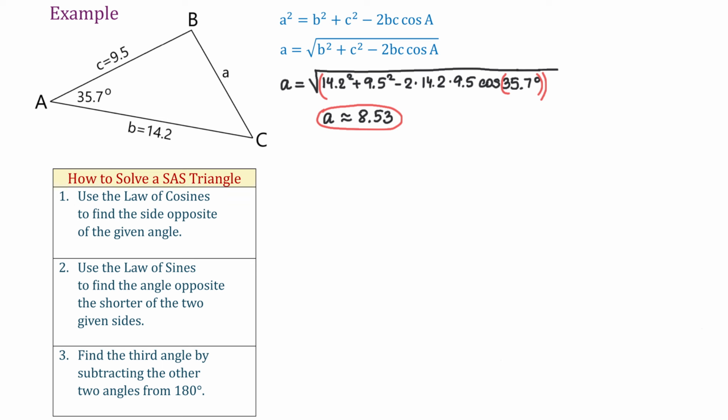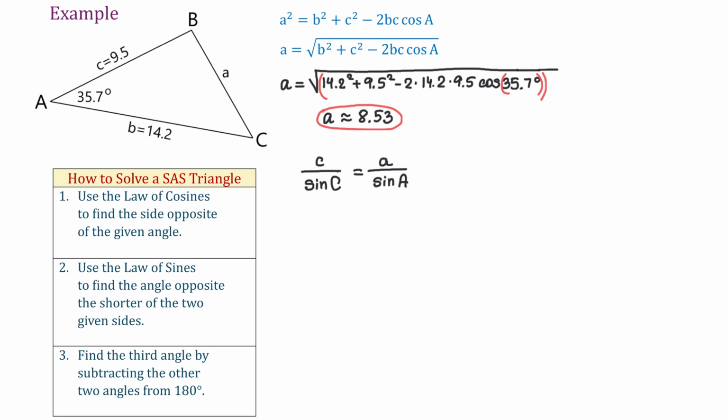For this, we will form a proportion, and because we need angle C, one ratio will be side C over sine of angle C. Then another ratio will be side A over sine of angle A.